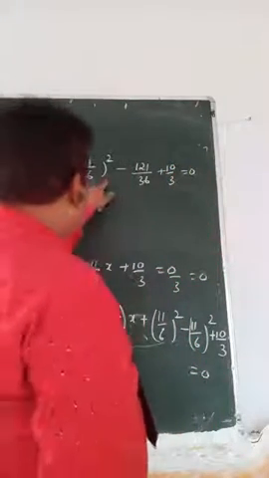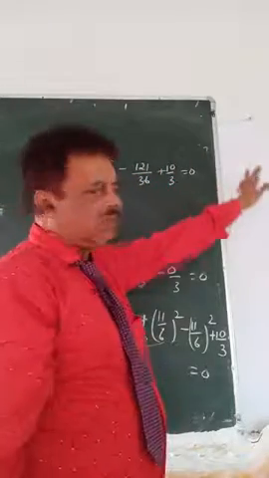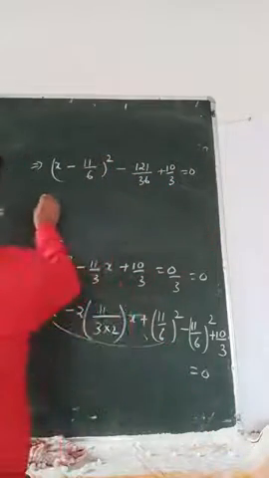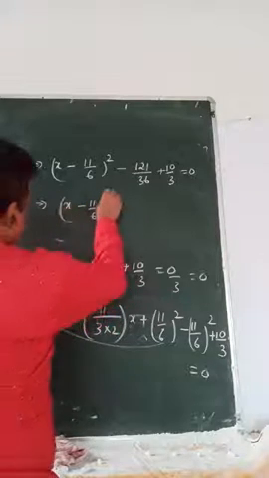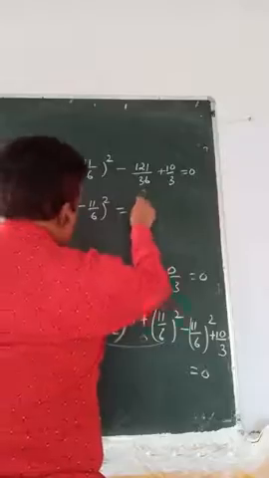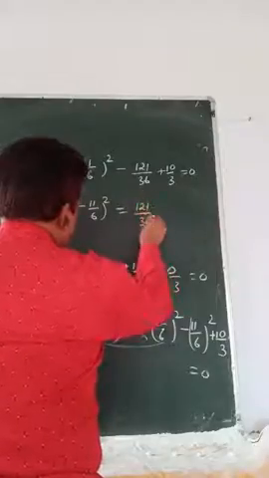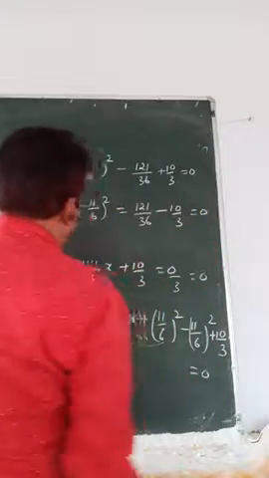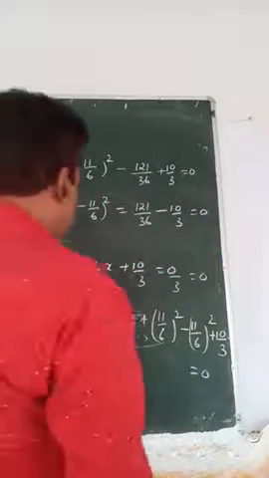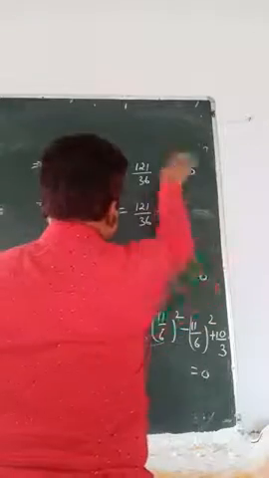But this is not required, this will take to that side. Implies x minus 11 by 6 whole square. This will go that side, 121 by 36 minus 10 by 3 equals to 0. Sorry, this you have taken that side.